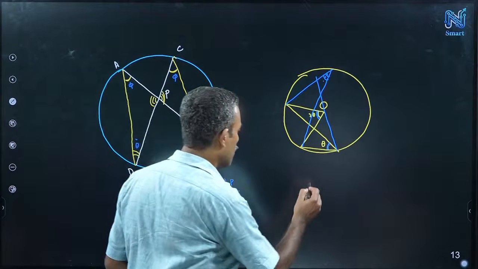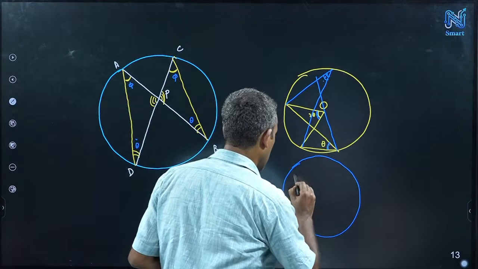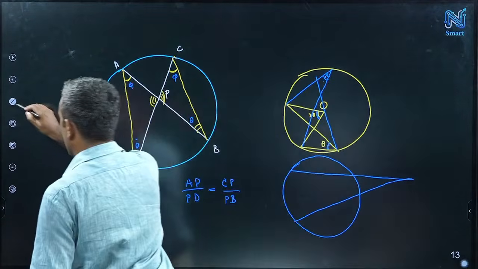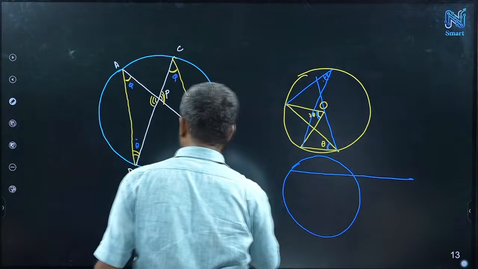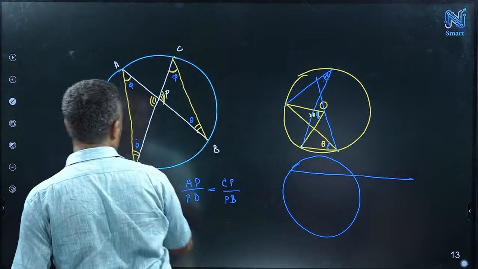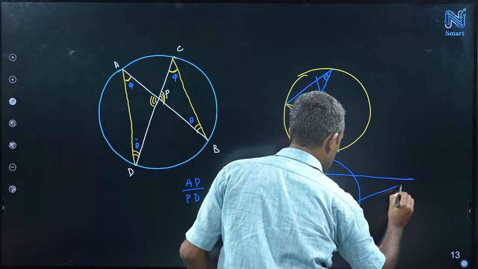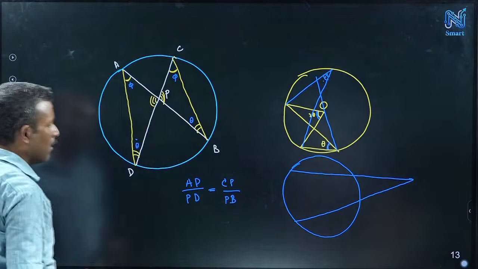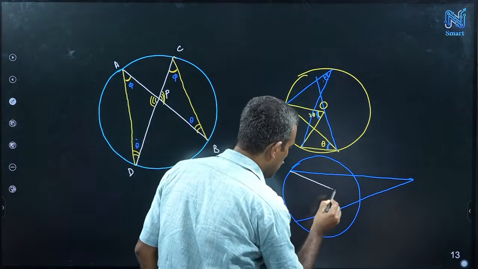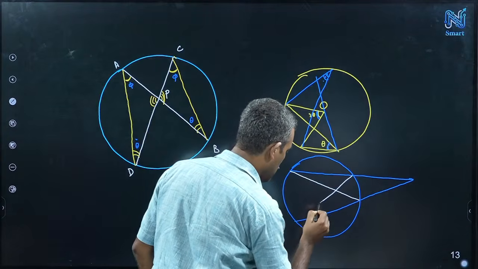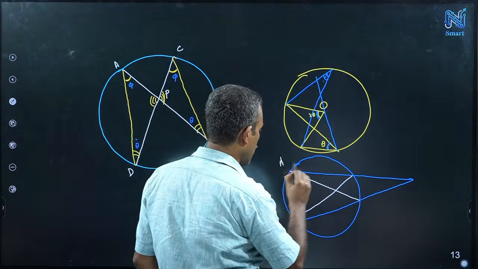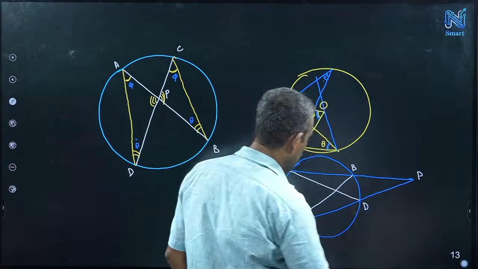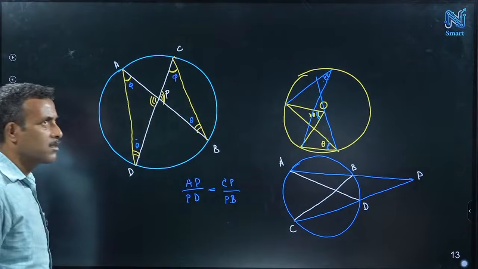And for the outside point, same thing, like A, B, P and C, D. Which two triangles are similar?